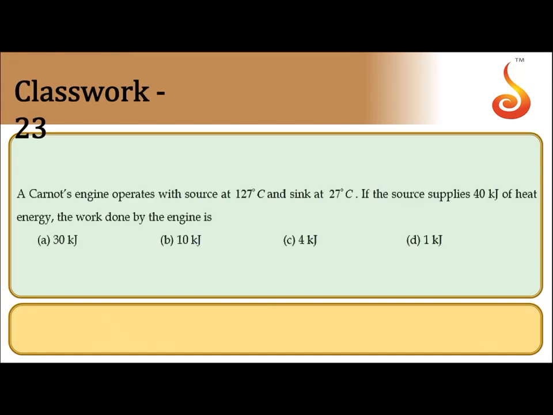A Carnot's engine operates with source at 127 degrees Celsius and sink at 27 degrees Celsius. If source supplies 40 kilojoule of heat energy, work done by the engine is. So T1 is given, it is 127 degrees Celsius, that means 400 Kelvin.